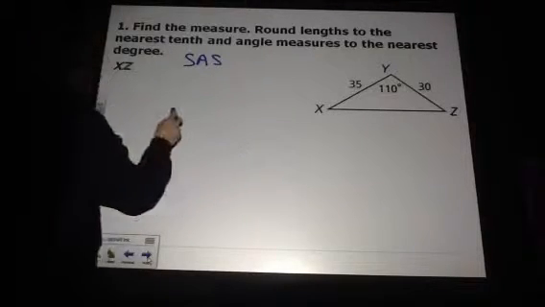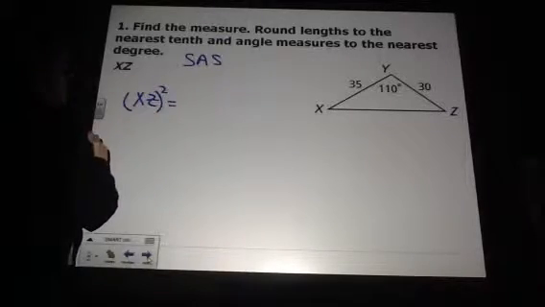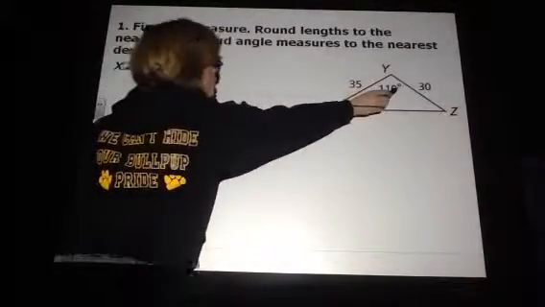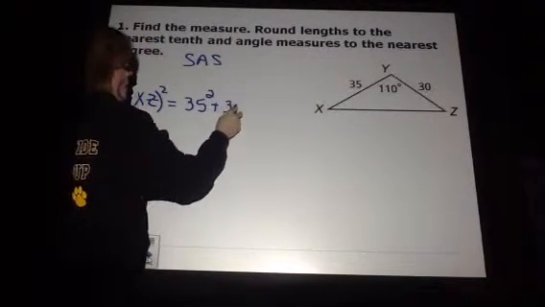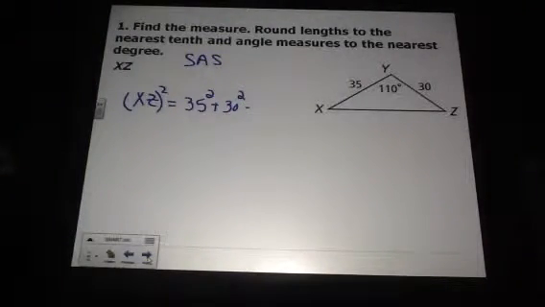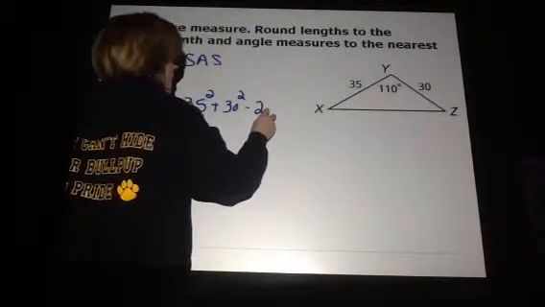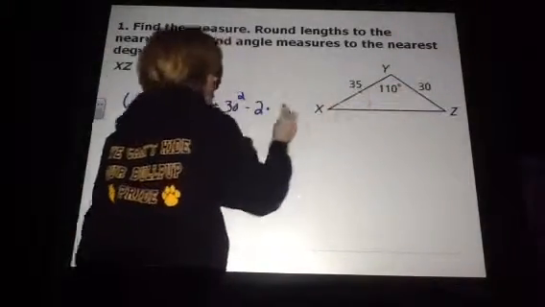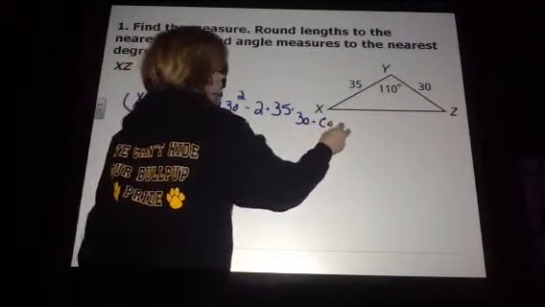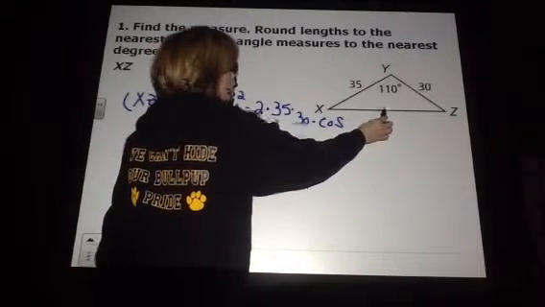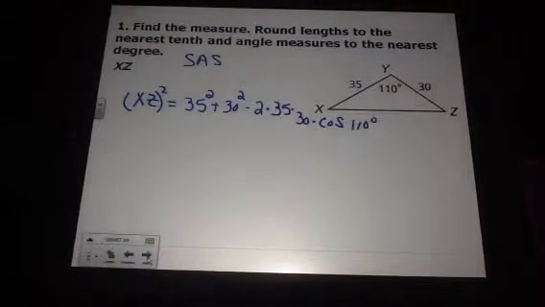You take the segment you're looking for, square it, and put it equal to the other two segments: 35 squared plus 30 squared minus 2 times the other two side measurements times the cosine of the angle opposite the measurement of the side you're looking for. So there's how you set up the law of cosines on this one.